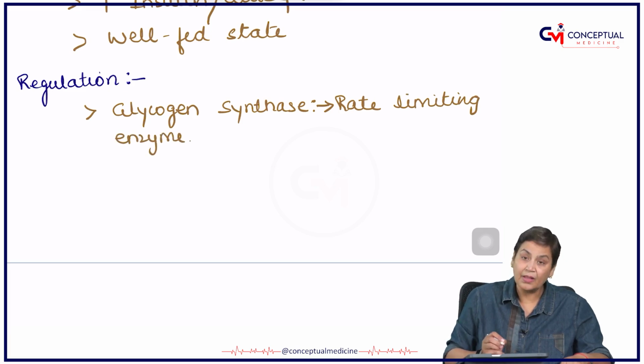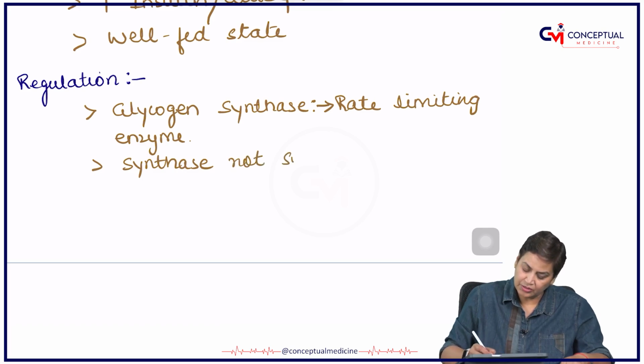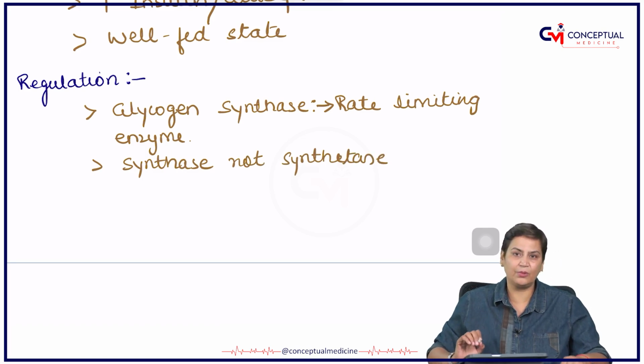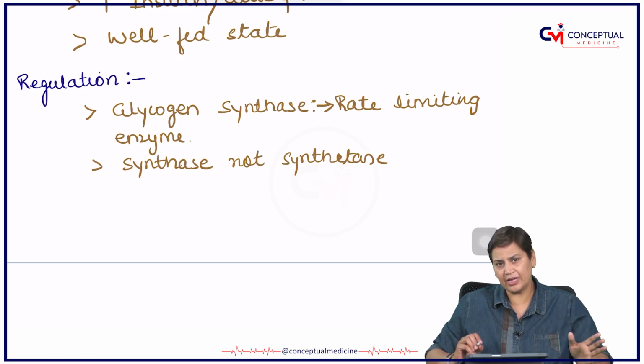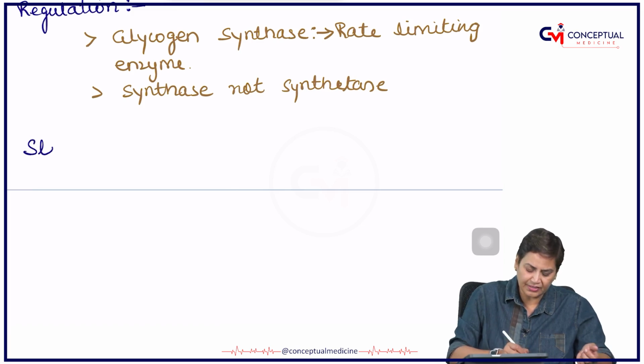And I just want to mention it, synthase, not synthetase, because I have told you clearly the difference between synthetase and synthase: with synthase no ATP is required, whereas synthetase cannot proceed further without ATP. So here simple synthesis of glycogen will be there, and it is a very, very simple process. Now this is regulation.